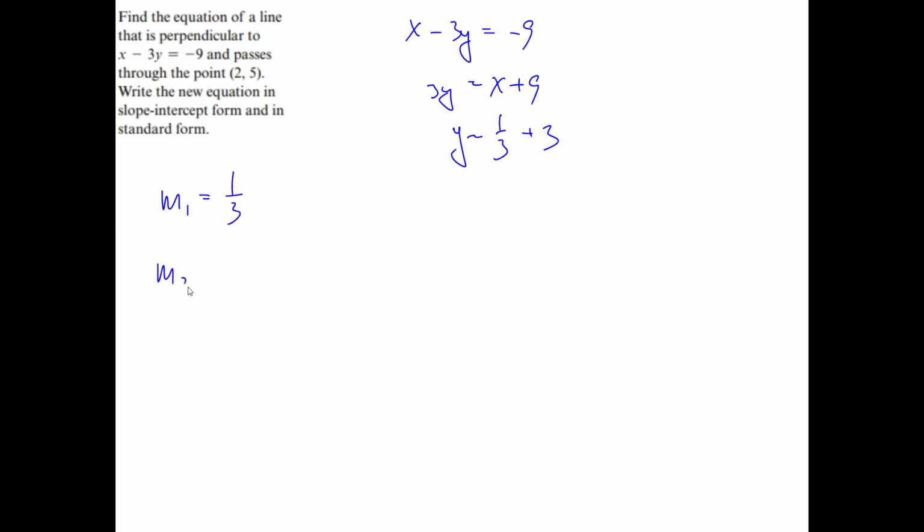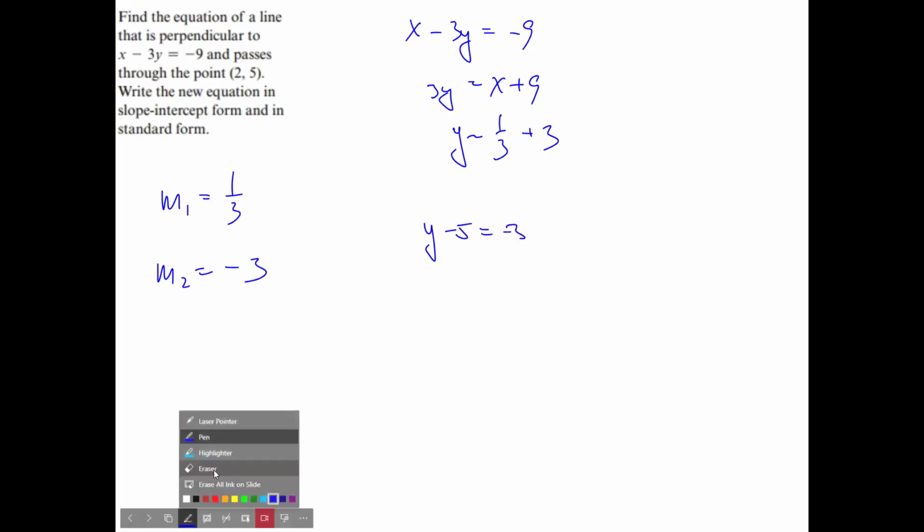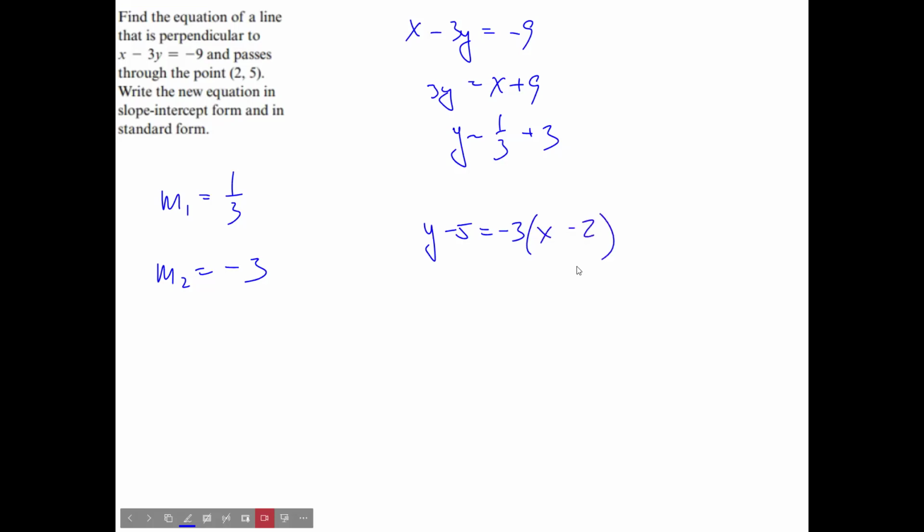So the perpendicular slope is this. Yes? So y minus 5 equals negative 3, it has to be more clear, negative 3 times x minus 2.